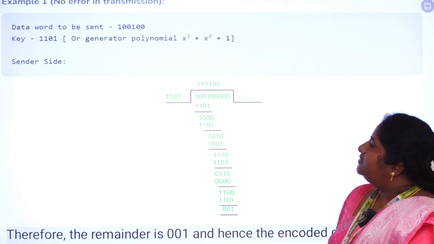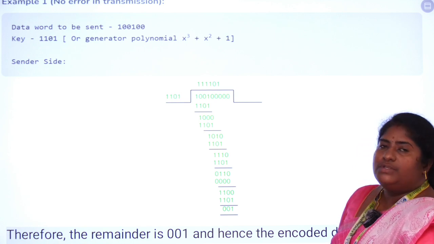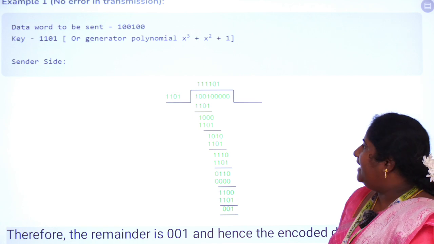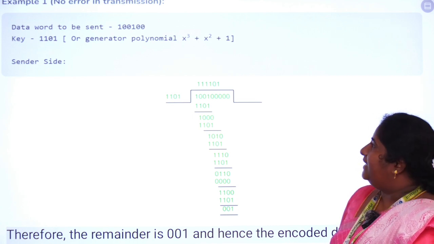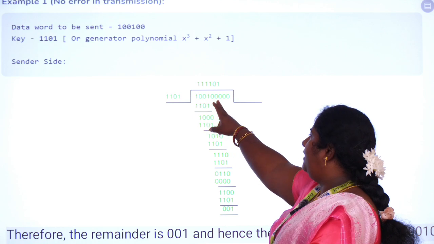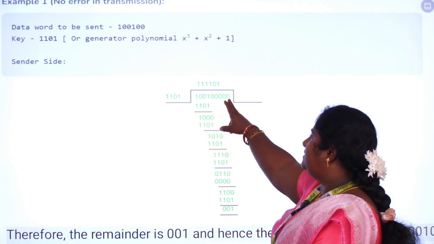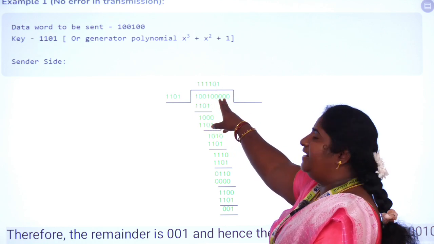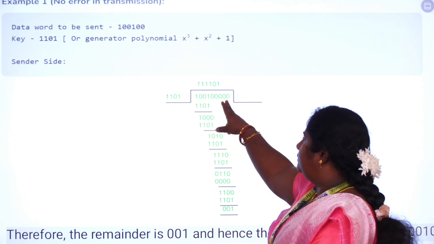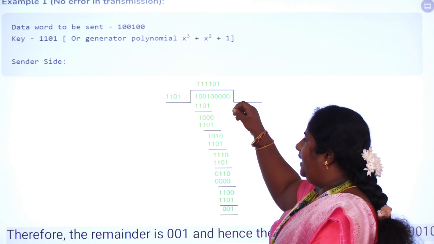The key length is 4, so key length minus 1 zeros will be appended to the original data. We take 100100 and the last 3 zeros are the appended value, which is 4 minus 1. So 3 zeros will be added at the end.